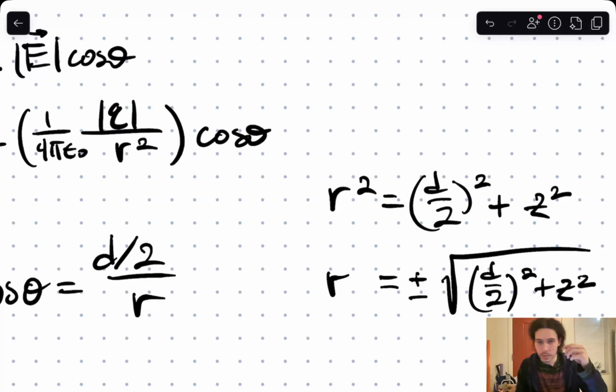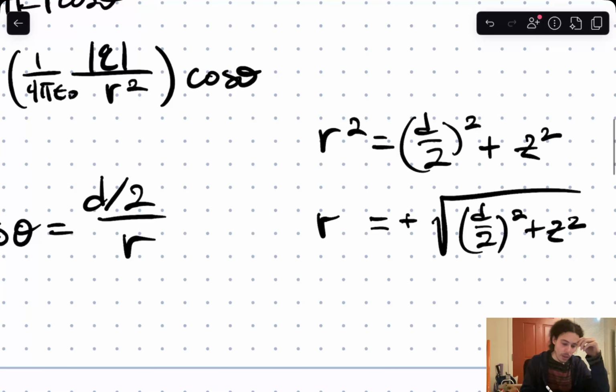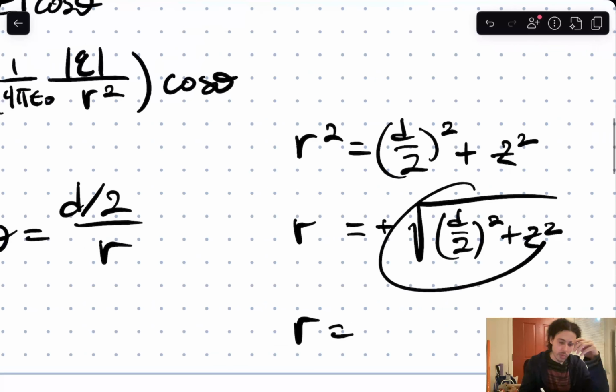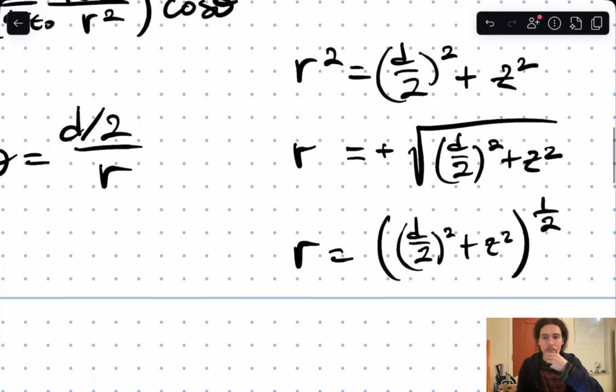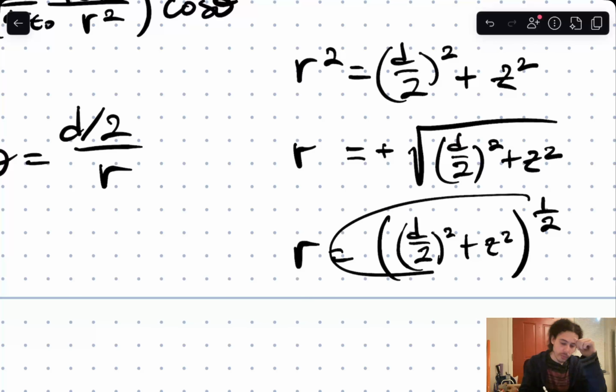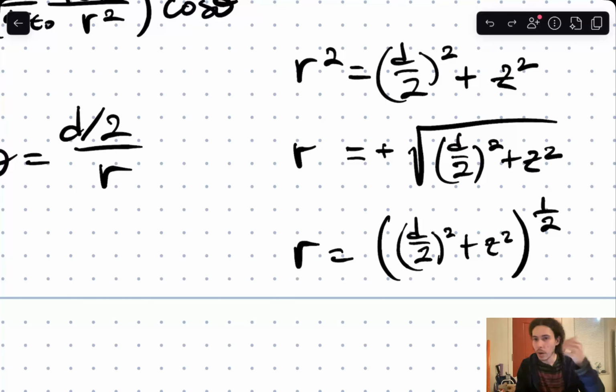And in this case, we only care about the magnitude of this r, so we can do away with this negative here. Choose it to be positive. And r, the square root, can also be written as this argument here exponentiated to 1/2. This will prove to be useful down the problem, just for simplification purposes.